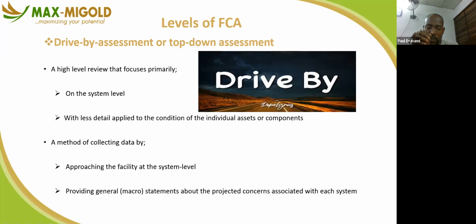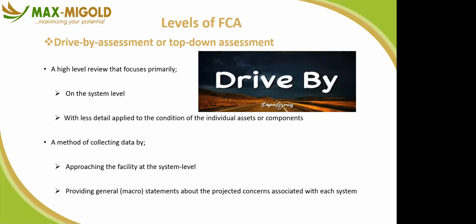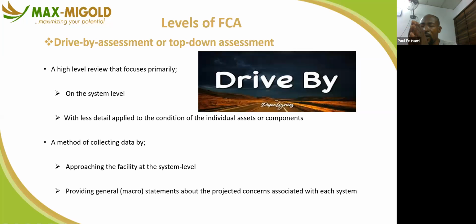And I said, when you have between 0 and 2, your facility is excellent. Between 2 and 4, your facility is good. Between 5 and 10, your facility is fair. But anything above 10, your facility is in a poor state and requires decommissioning, revamp, resale, or repair. So I welcome as many questions as possible.